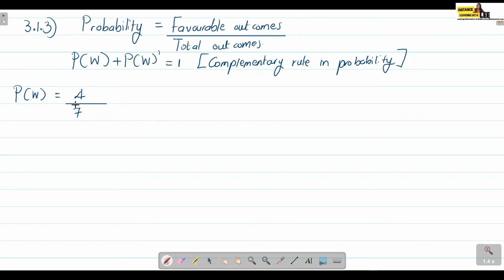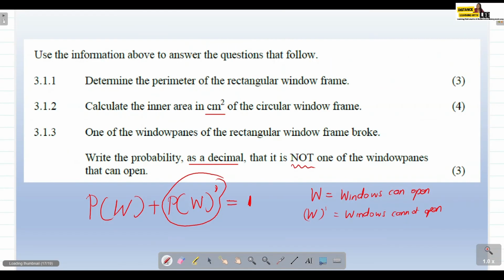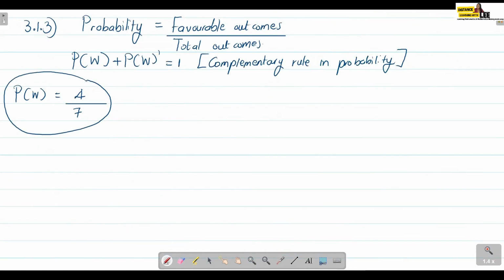Okay. So how can we basically now use this to find the probability that it is not one of the window frames that can open, right? So we're basically going to substitute this value. We see that our P(W) is 4/7 plus P(W prime), which is equal to 1.